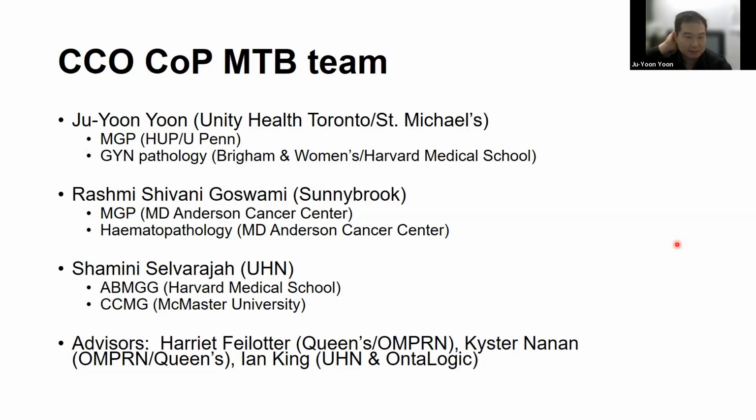This was organized as a team effort between myself and shout outs to other members of the team, Rashmi, Shamini, and working closely with Harriet, Kester, and Ian King. And we all come from very interestingly different backgrounds. I myself am an anatomical pathologist by training, and I did my molecular fellowship at UPenn, which was followed by a Surg Path fellowship in gynepathology at Brigham.